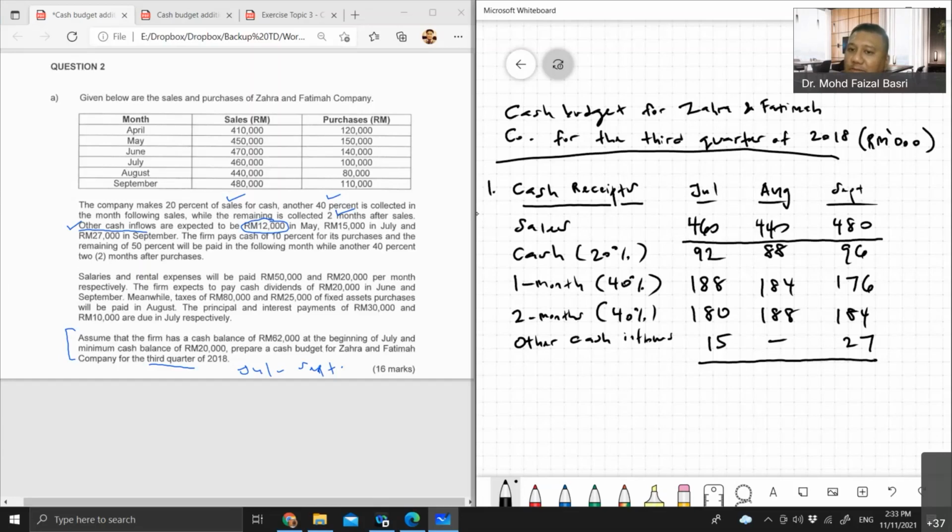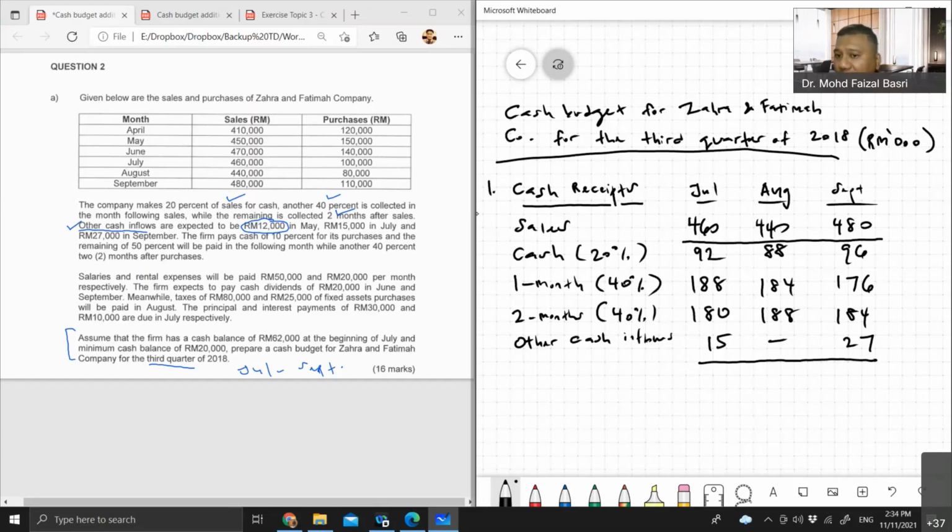So these 3 actually represent the 460,000. So you don't want to add this in your July figures, okay? Or else, it's not right in the first place. And number 2, you double count the information.